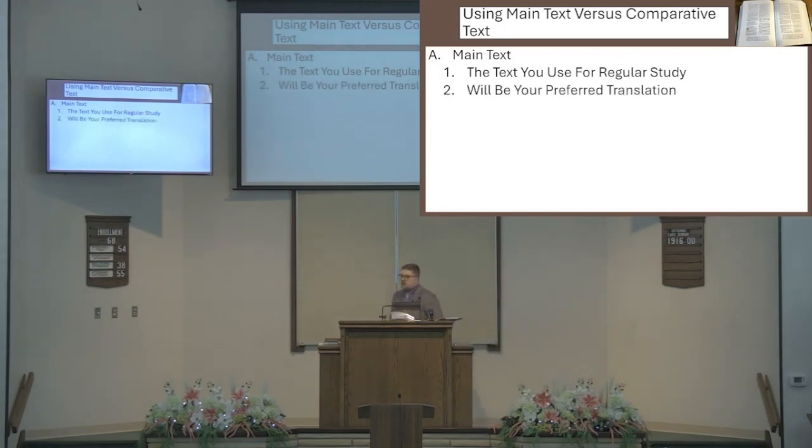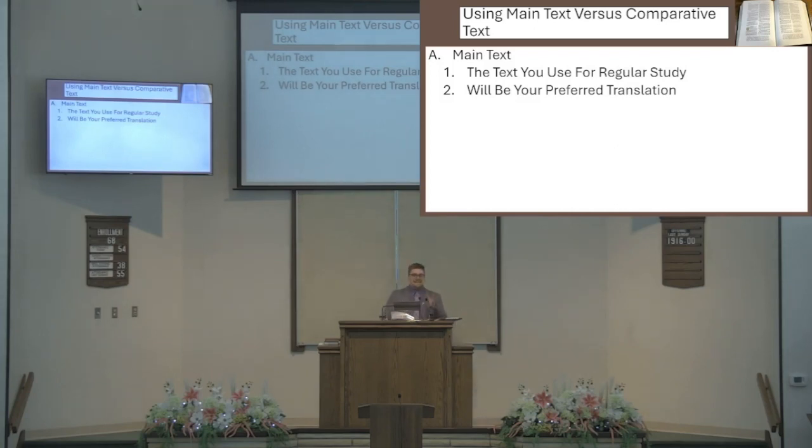I preach from the New King James. And so most of my time of study is done in the New King James, and then I'll use others to compare. We'll come to how we do that in a minute. But this is my main text of study, and so I look at it and then use it for study, and then we'll go to other translations to compare.